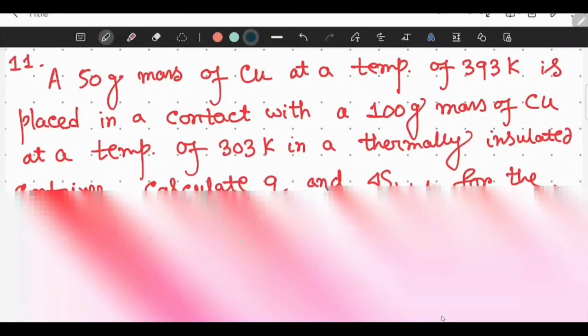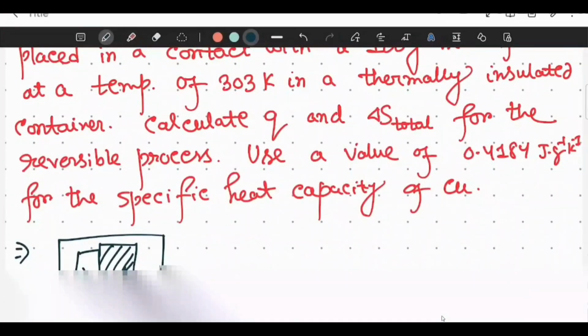So we have to calculate the Q. Obviously, heat will be passed from the hot copper to the cold copper. It is clear. And we have to calculate the del S total for the reversible process. Consider this is a reversible process.